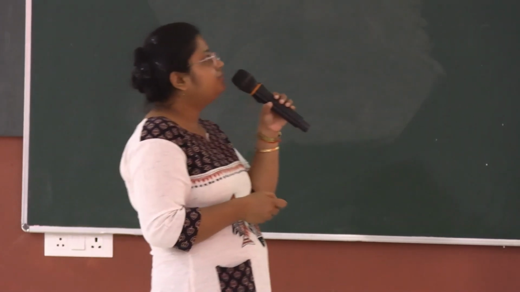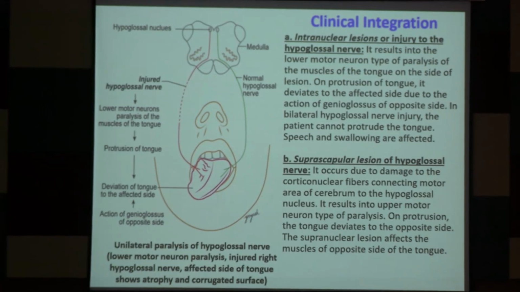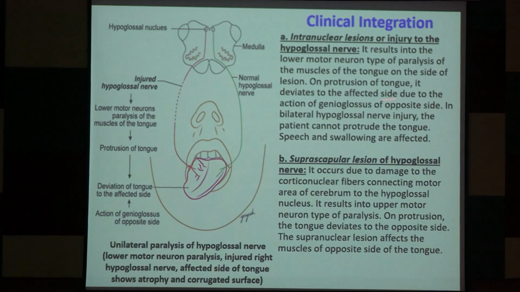It results in lower motor neuron type of paralysis of the muscles of the tongue on the side of the lesion, and on protrusion the tongue deviates to the affected side due to action of the genioglossus of the opposite side. And in bilateral hypoglossal nerve injury, the patient cannot protrude the tongue and speech and swallowing are affected.